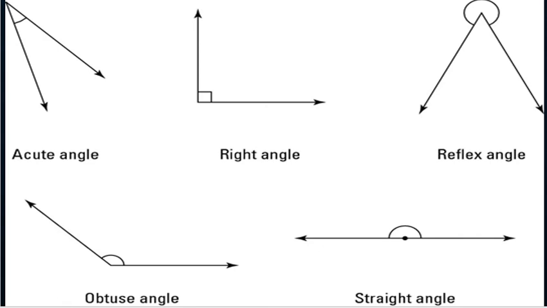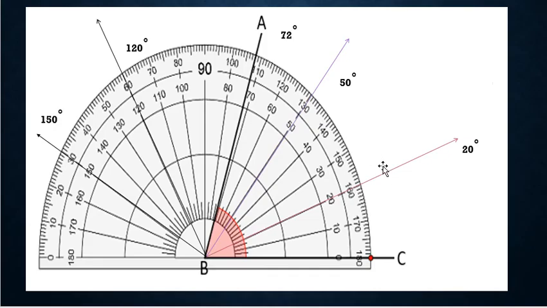Now let us see again this example of a protractor. We'll consider this inner scale. This angle is 20 degrees. It is an acute angle. This angle is 50 degrees. It is an acute angle again. This angle is 72 degrees. It is also an acute angle. If we talk about this 90 degrees, it is a right angle.